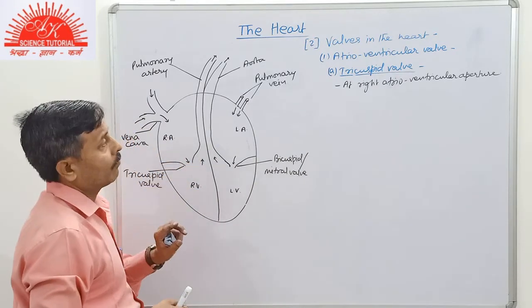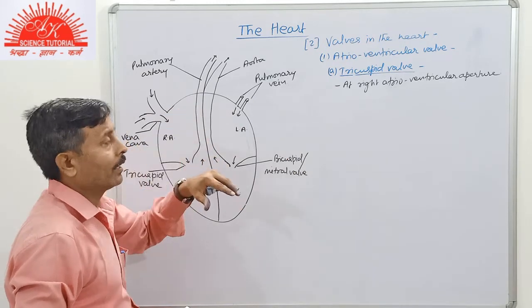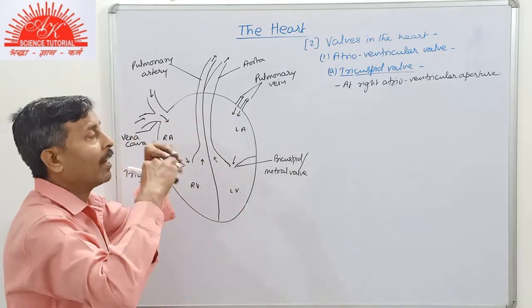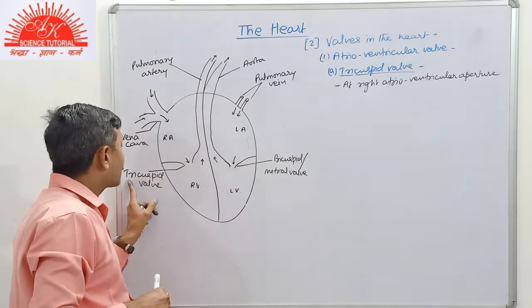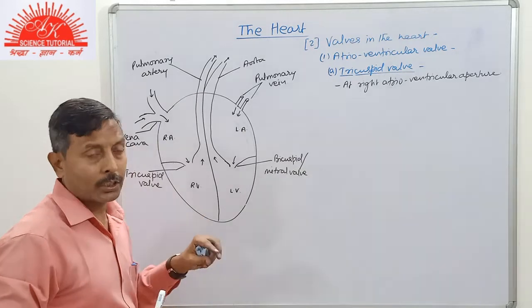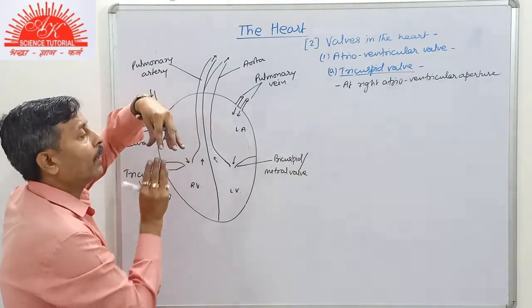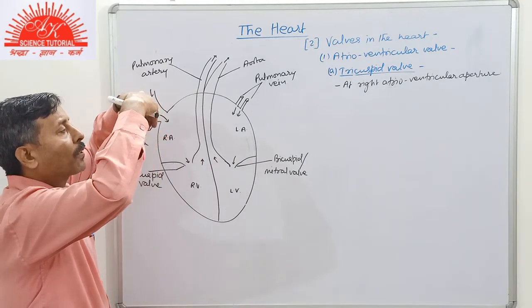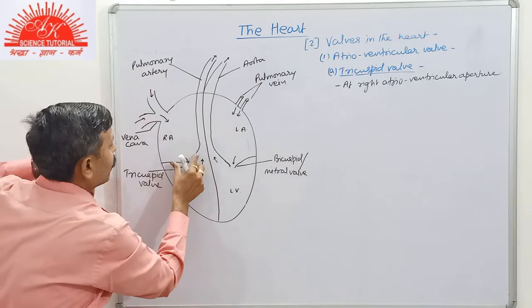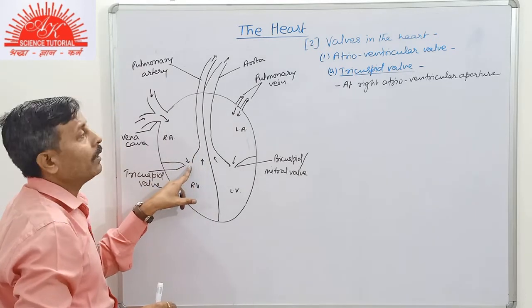In simple terms, we can say that it is present at the opening between the right auricle and the right ventricle. So it has three inverted, leaf-like, flap-like structures, that is called cusp. When the ventricle contracts, the blood fills in the cusps, they get inflated, and the flaps come closer and it will be closed. So when the ventricle contracts, this will be closed.